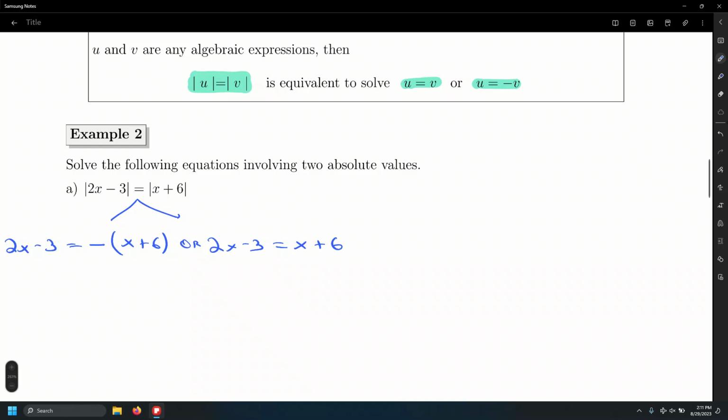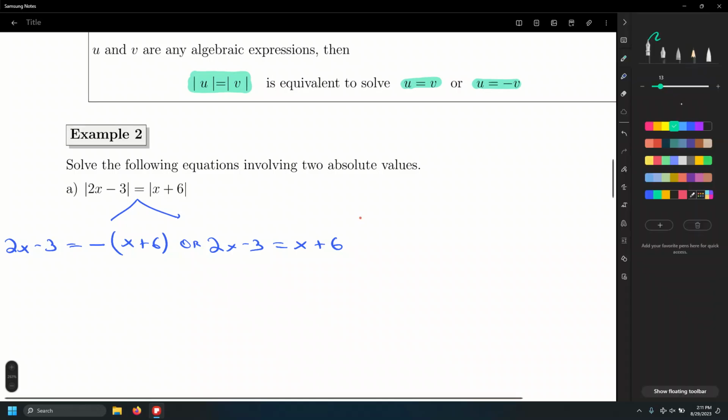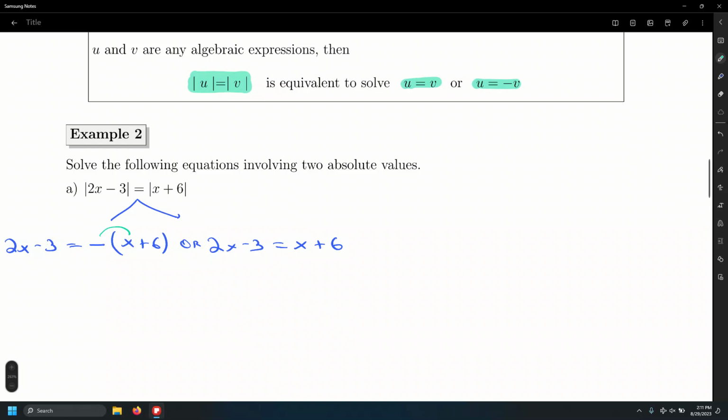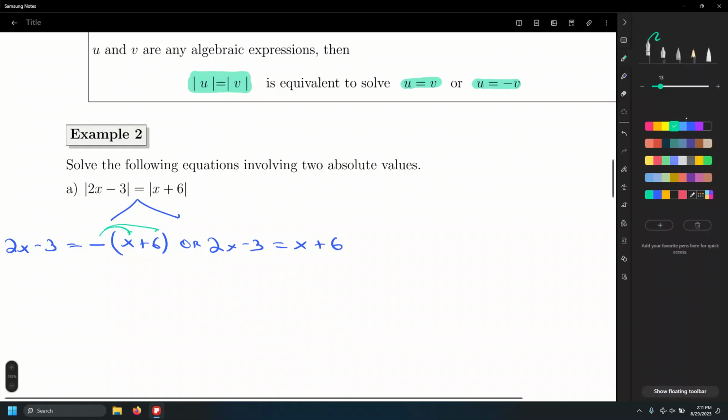Let's solve each individual equation. Number one, let's distribute the negative over the two terms inside parentheses. That's just going to change the sign, so that'll be 2x minus 3 equals negative x minus 6.